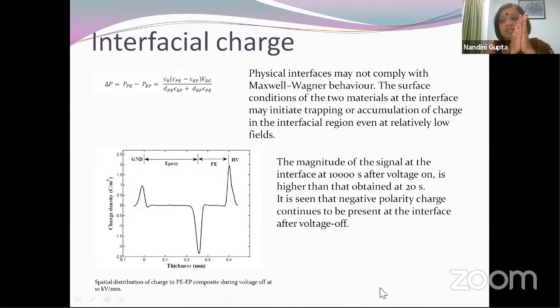You create the two epoxies separately, and there must be some morphological changes at the surface resulting from the manufacturing process. This has resulted in traps, and that is causing surface charge trapping.